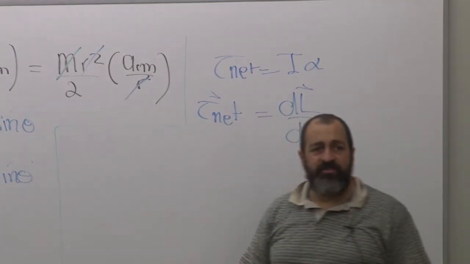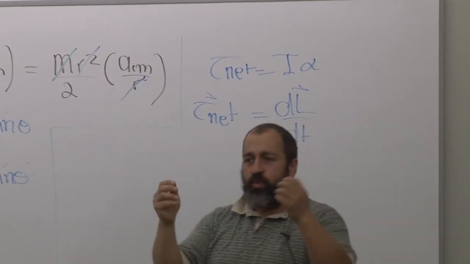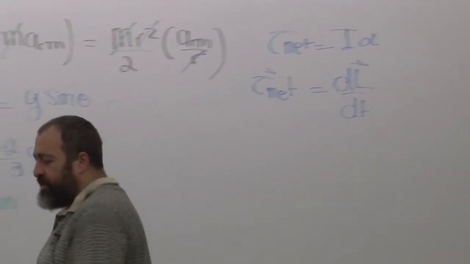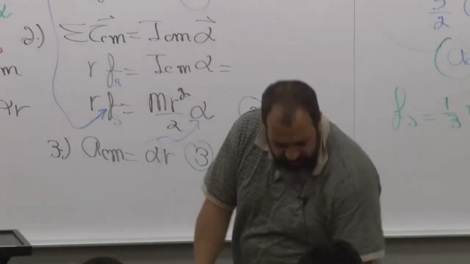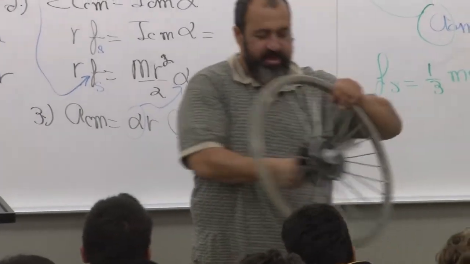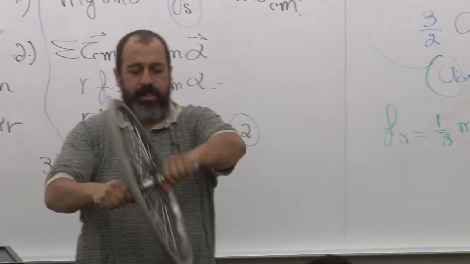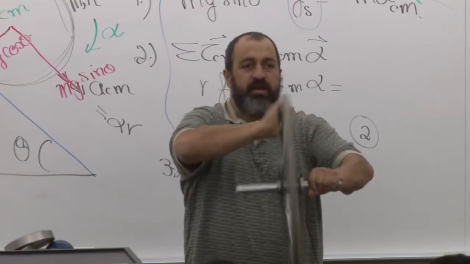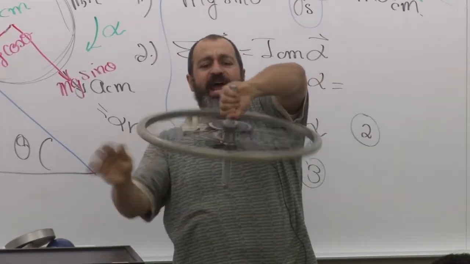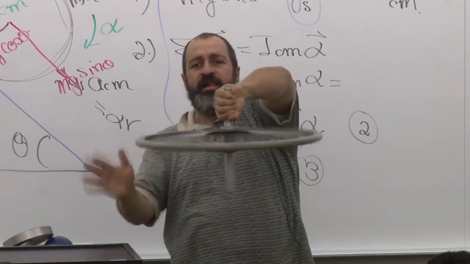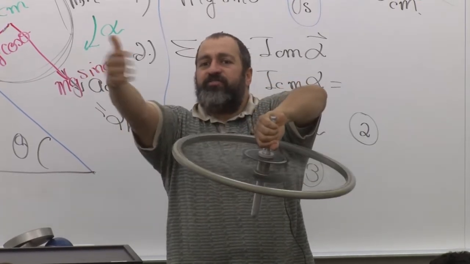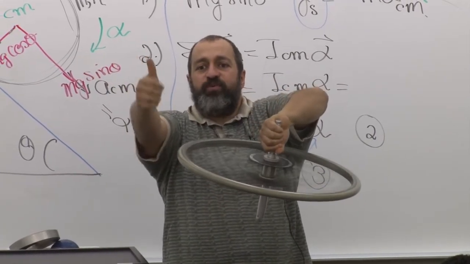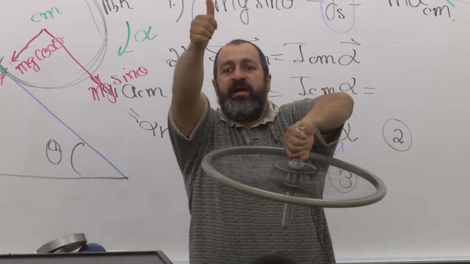Angular momentum is a vector. Which way does it point? For example, I have this disk here, or wheel. Which way is the angular momentum on this wheel? It's a vector that follows the right-hand rule. You spin this way, it's actually up that way.